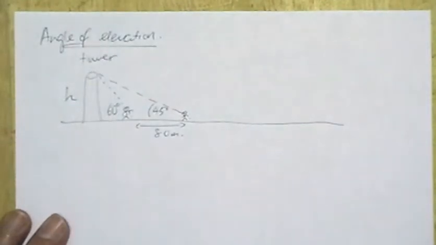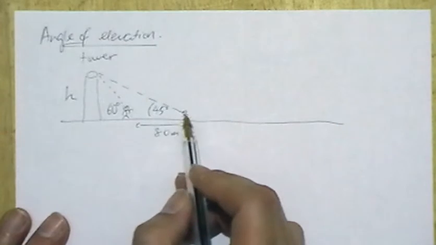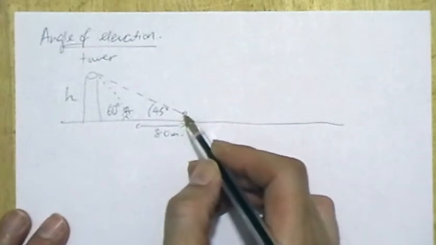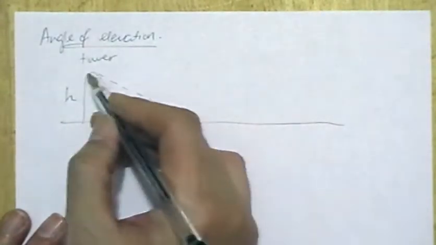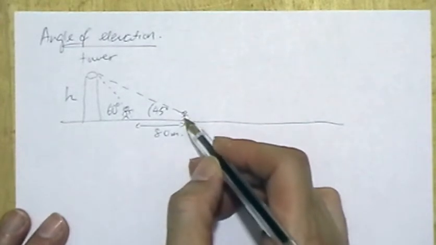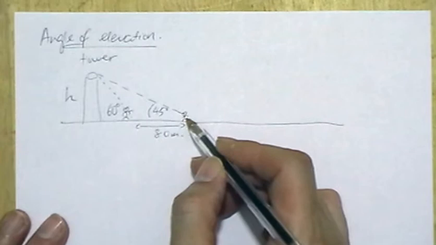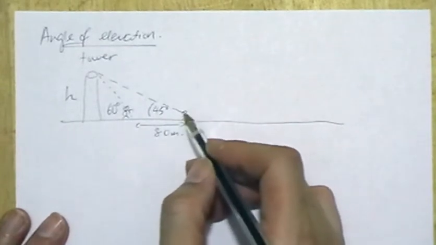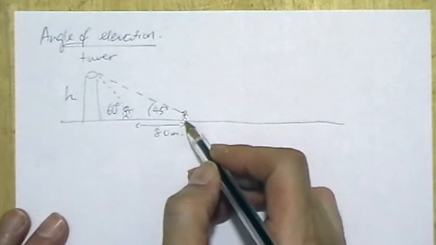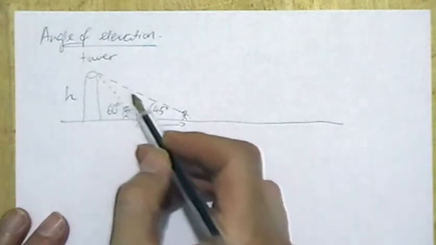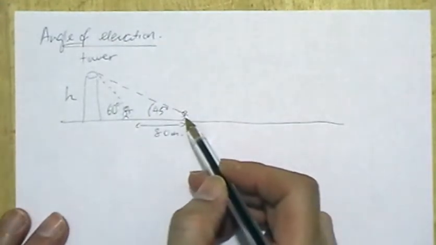That is a very high tower, so that compared to the tower, the person's eye, which looks at the tower, is quite close to the ground. So we can ignore the distance between the eyes and the ground. That means we just think of this line as coming all the way to the ground.